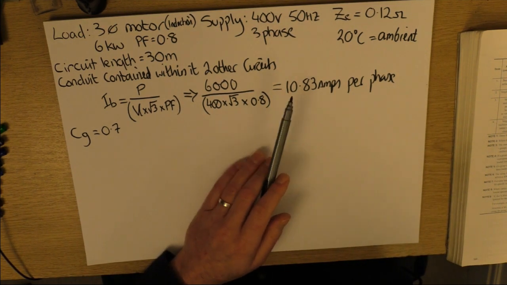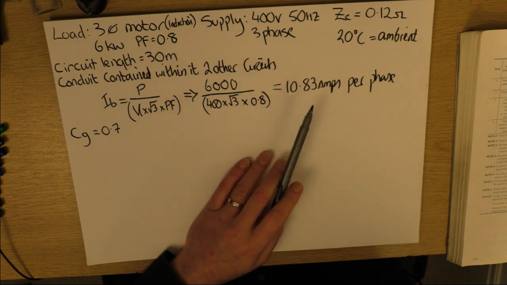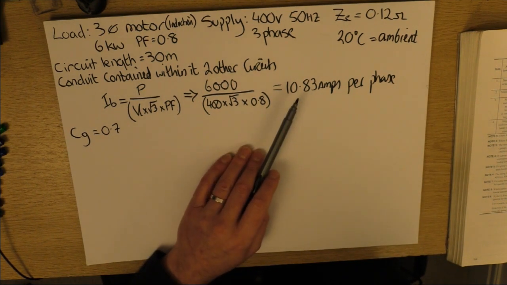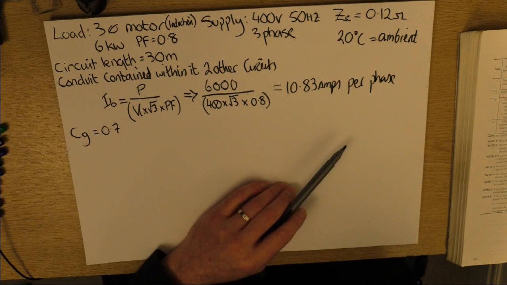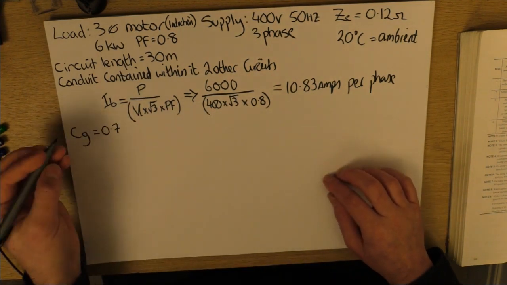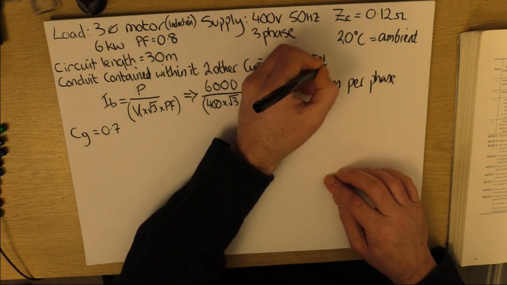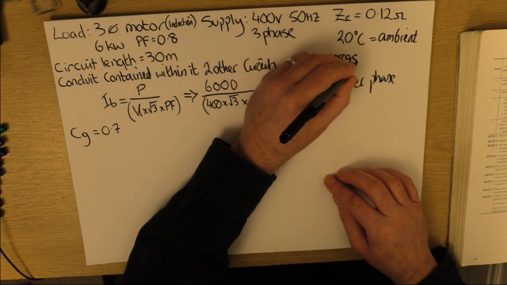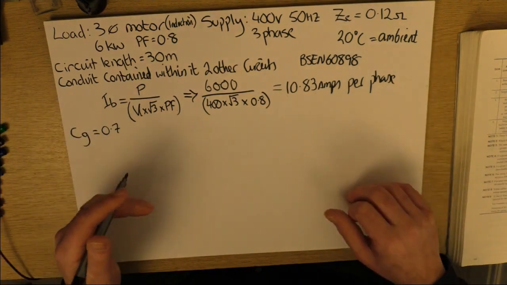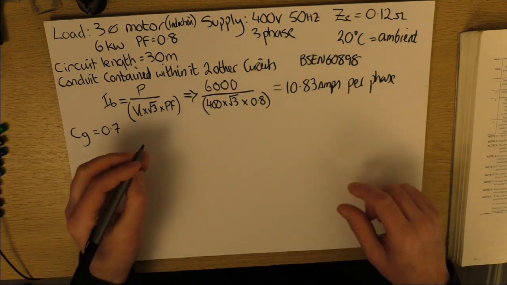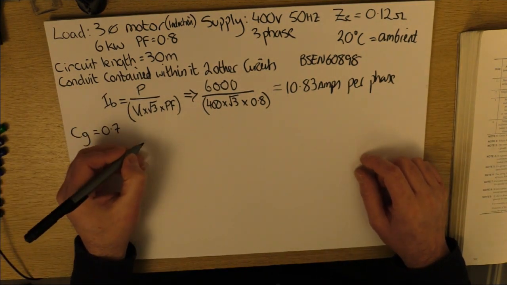You can go really close to this design current, so if there was an 11 amp breaker, I'd choose that. But the next one up, we'll just stick to MCBs for this. And being a motor, that's still quite likely. So which type though?